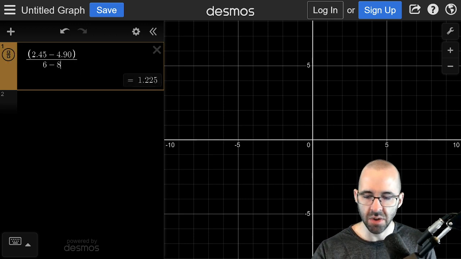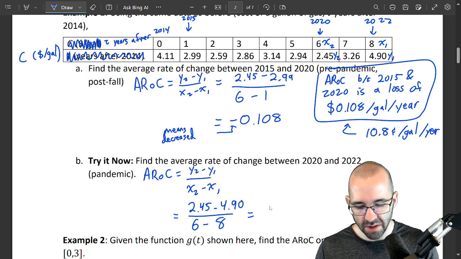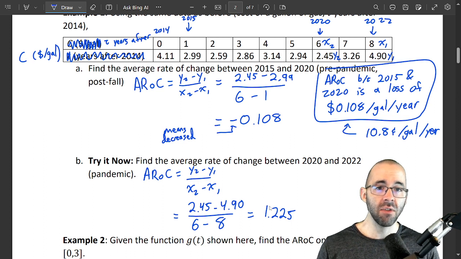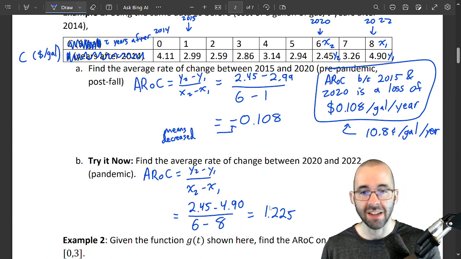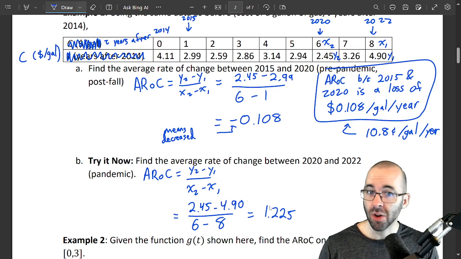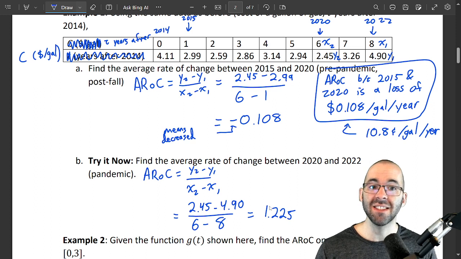We get 1.225, which is probably what you got as well. That on average, so before the average was negative, the cost was going down every year. Well, during the pandemic, the cost of gas was going up about $1.225 every year.